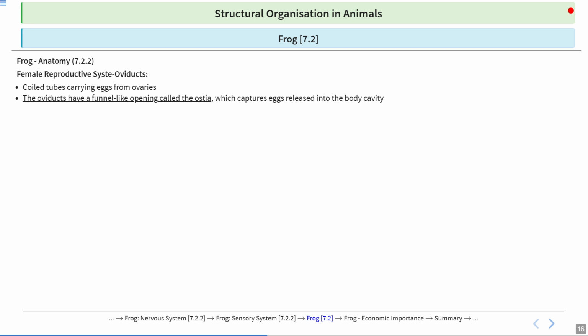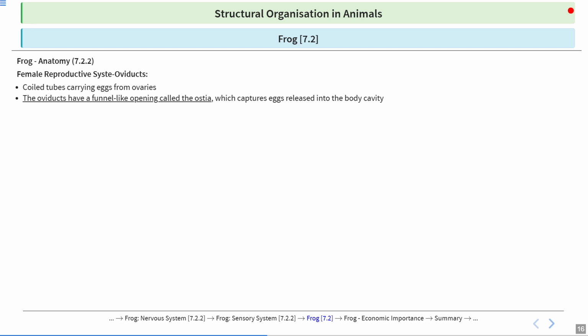Here you can see the eggs are released in the body cavity. They are not released in any tube-like structure. The sperms are not released in the body cavity. They are released in a tube-like structure, right? But here, see about the egg.